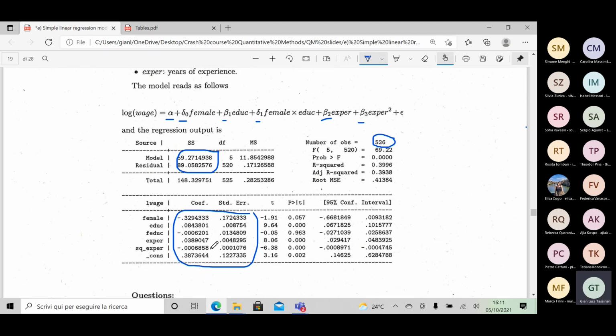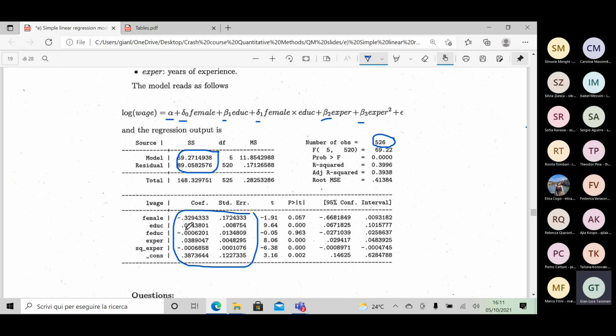So look with me, coefficient, here you see female educ, FEDUC, which is this one. Well, what is this number, for example? Minus 0.3294. This is the estimate of delta 0, so it is delta 0 hat.